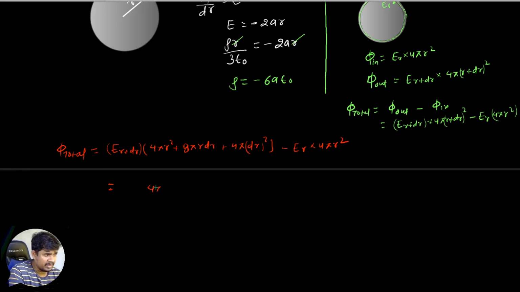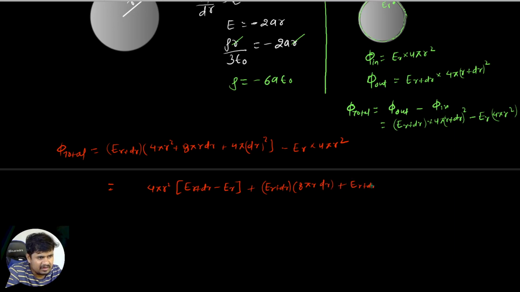If I take 4 pi R square common, this will be E at R plus dr minus E at R. Then the other terms that we have are E at R plus dr into 8 pi R dr, plus E at R plus dr into 4 pi dr whole square.